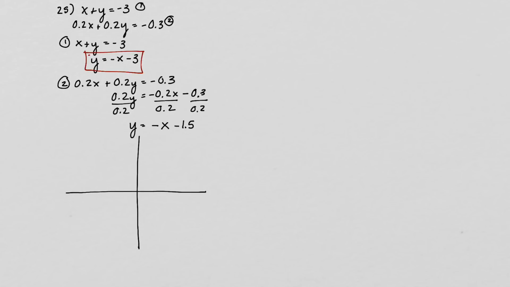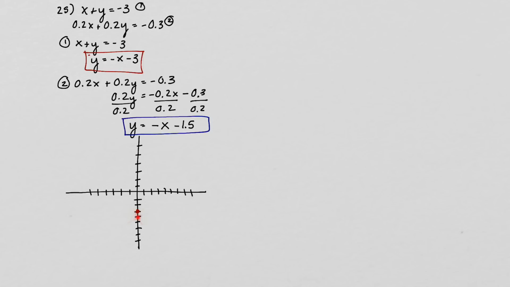And just like before, I'll graph this line in blue. So I'm going to make my axis here. Put some tick marks on it. Okay, so the red one, we're going to go down to negative 3, put a dot, and then the slope is negative 1.